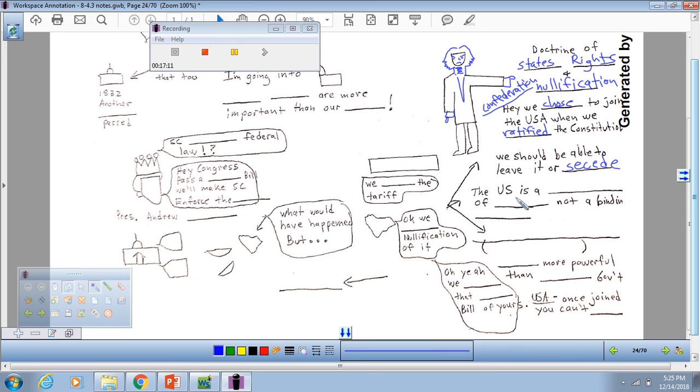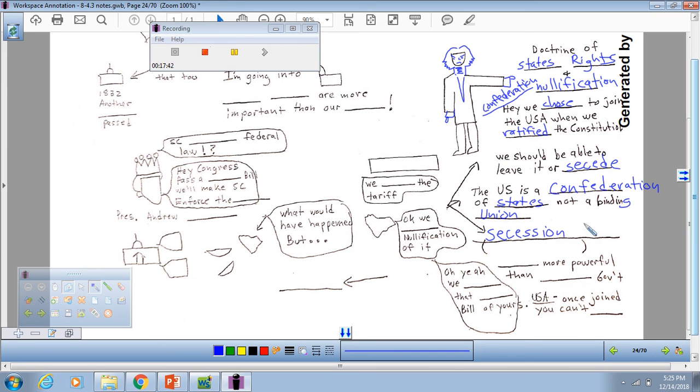And the U.S. is a confederation of states, not a binding union.